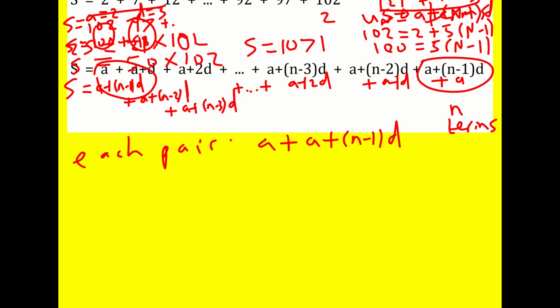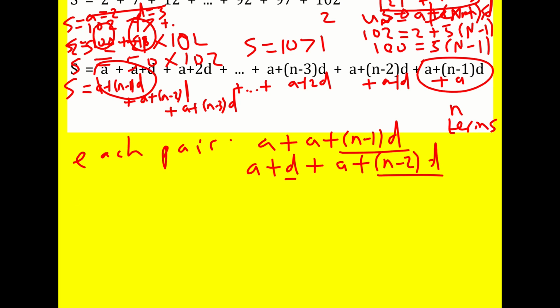If you're not convinced, let's look at the second one. The second one is A plus D plus A plus n minus 2D. But this extra D means that if I factorize that in, this and this are exactly the same. You can expand it out if you want to try it.